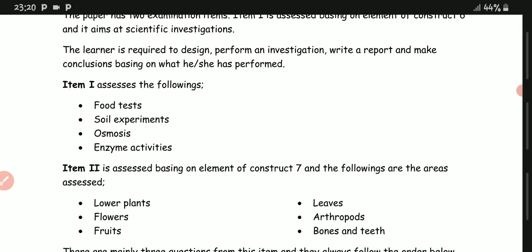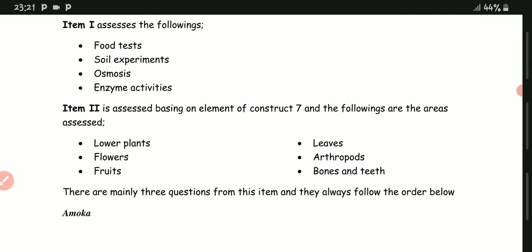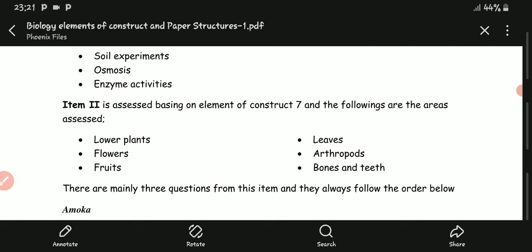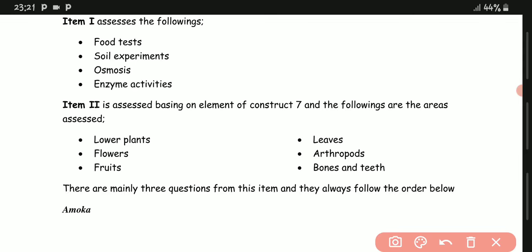Then there are soil experiments, meaning the ones for drainage and water retention. Then there is osmosis, which is also a topic in senior 2. And lastly, there is enzyme activity.